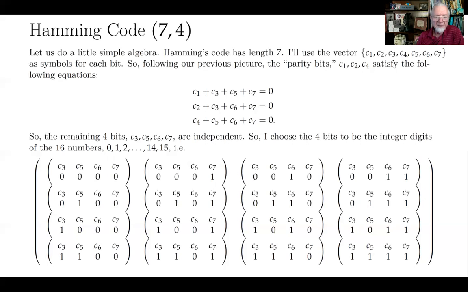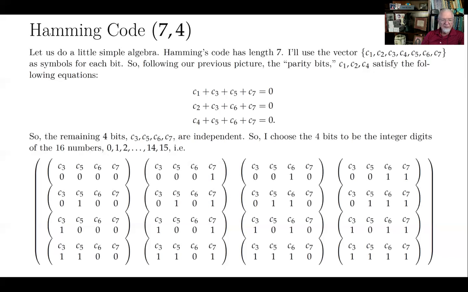And the remaining C3, C5, C6, C7 are independent. So I can choose the 4 bits in those code words, C3, C5, C6, C7, to be the binary integer digits of 0 through 15.